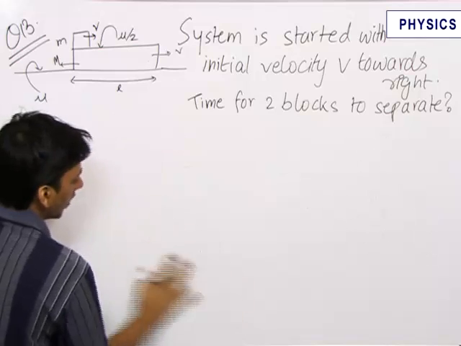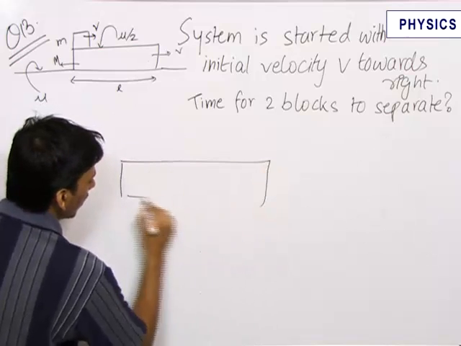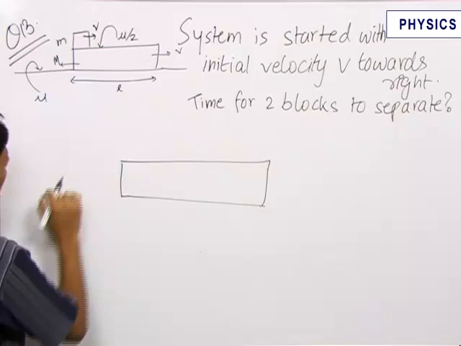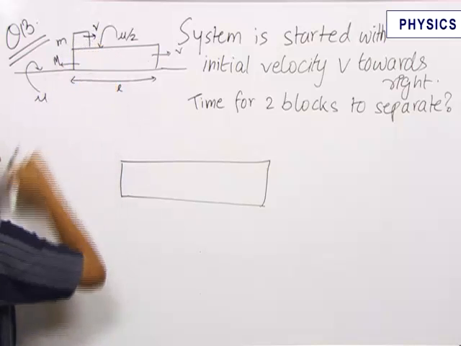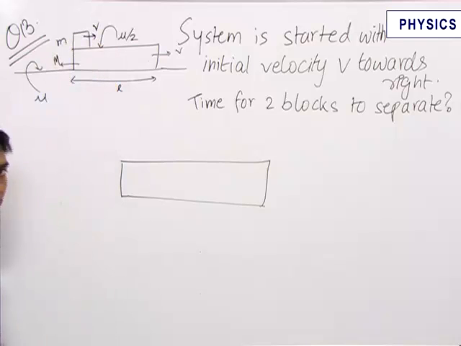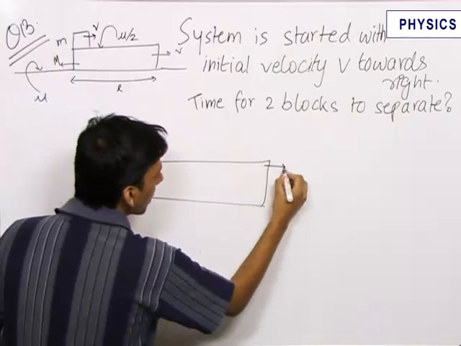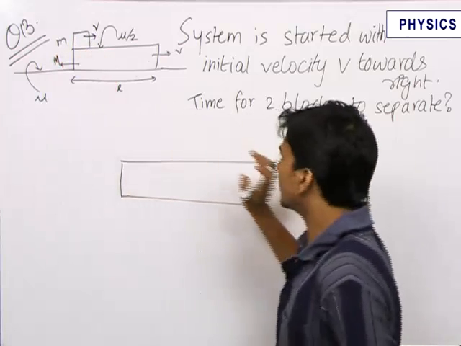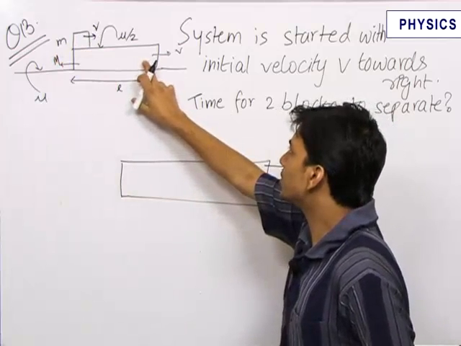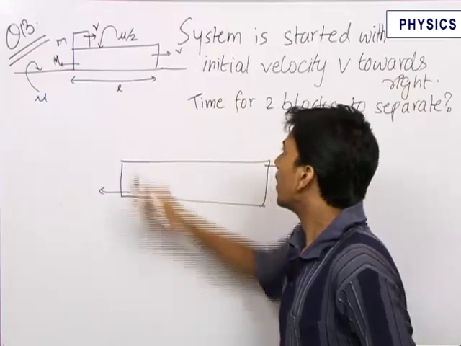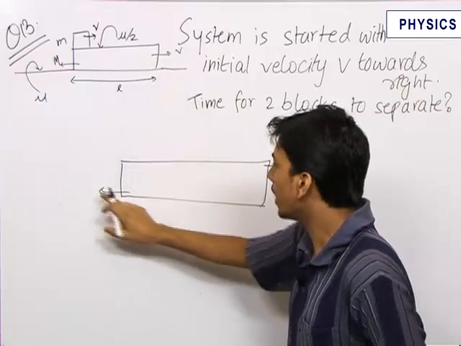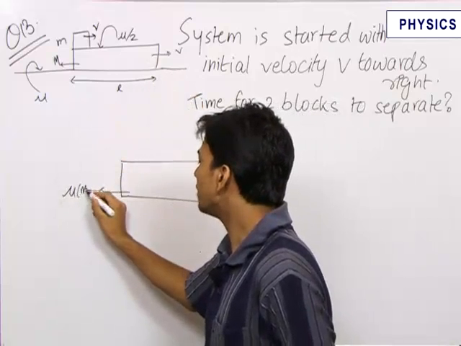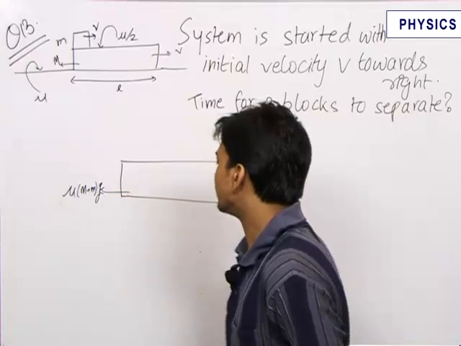Now let us consider the motion of the lowermost block in the horizontal direction. This lowermost block will experience relative motion with the ground and relative motion with the upper block also. So it will experience a frictional force by the upper block on the lower block in the right direction. This is because first of all, it experiences relative motion in the forward direction, due to which the friction of the ground acts in the left direction, that is equal to mu into the normal of the ground, that is (M plus m) into g.